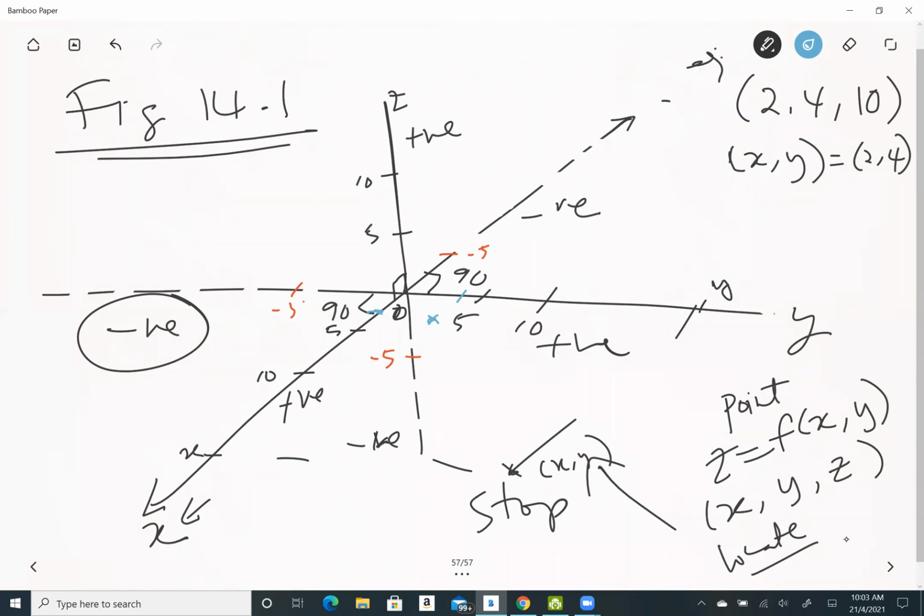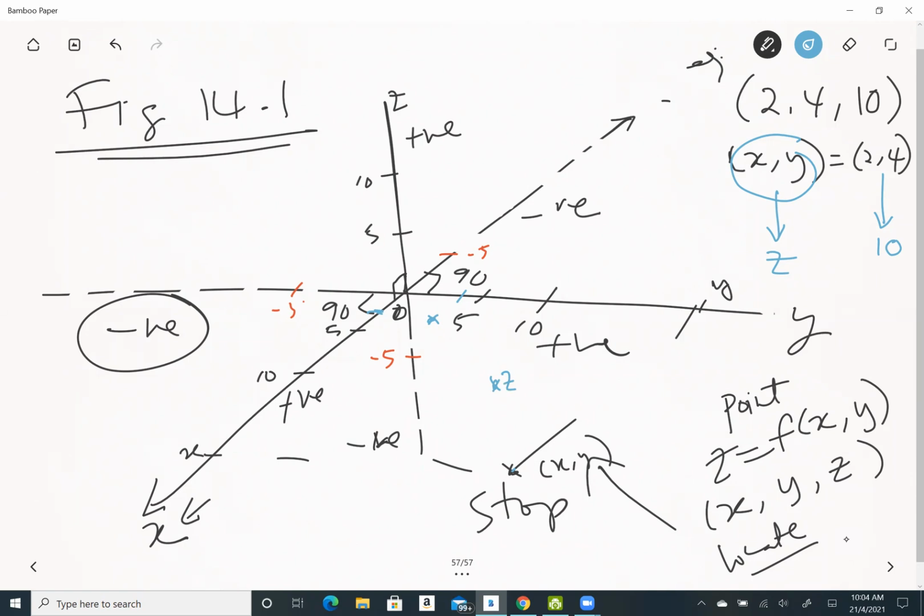So that is xy. Now, from the xy, you will go to the corresponding z. So here, 2, 4, you go to the corresponding z, which is 10. That means you go along the z-axis. So 2, 4, or xy, suppose it's here, then the corresponding value of z would be somewhere there. That means you go upward. So that is z.